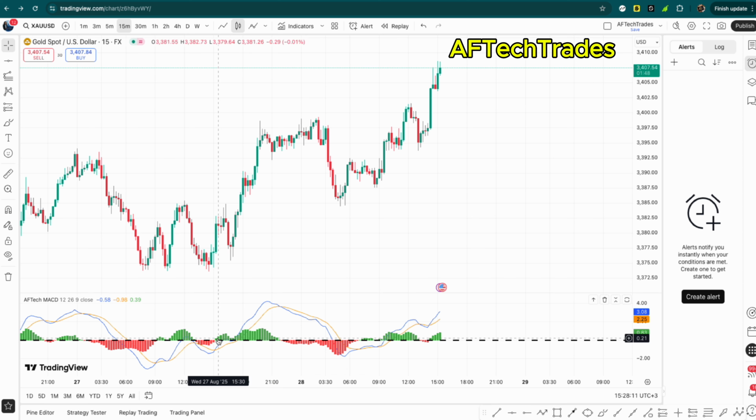Then on a sell occasion, we wait for it to come down here. Once it comes down and it is red, we'll be looking for a sell position. So now we have other confluences to make it a higher probability win rate.